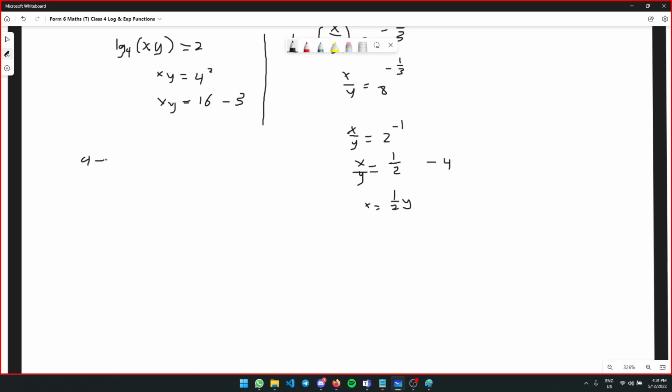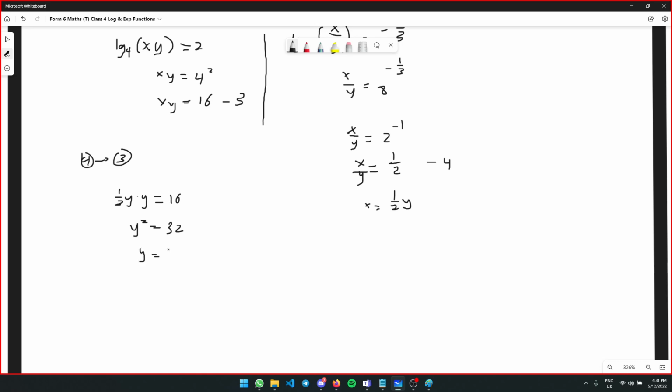So that'll be equation 4 into 3. So that will be 1 over 2y times y equals 16. So that is y squared equals 32. Yeah, y squared equals 32.